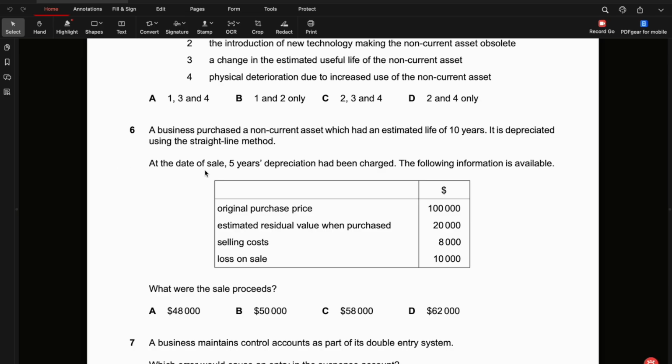So we are selling this asset, and we already charged 5 years depreciation on it. The following information is available: original purchase price 100,000, estimated residual value when purchased 20,000, selling cost 8,000, and loss on sale 10,000. The question is, what were the sales proceeds?